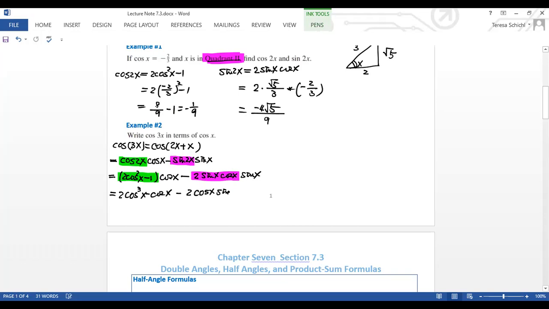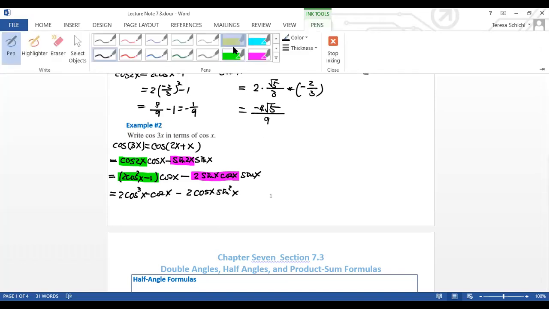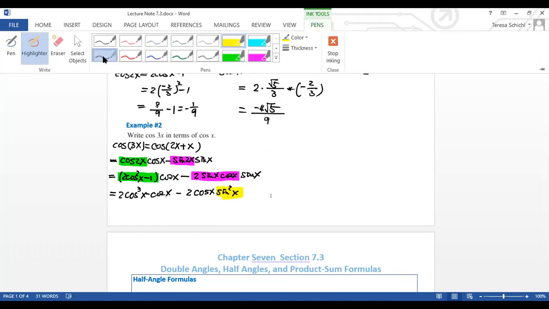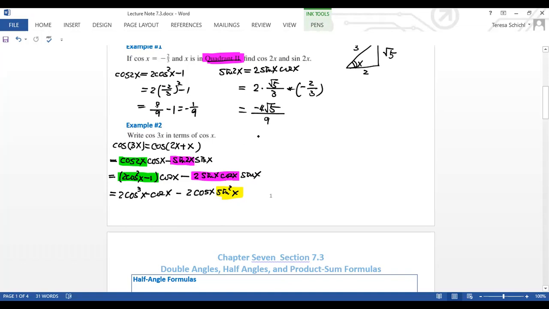All right, so I still have trouble here, because I need to replace the sine squared x with cosine x, since the problem says change it to cosine x. All the others are in good shape. So what is sine squared? The Pythagorean identity, so I can say this is 1 minus cosine squared x.